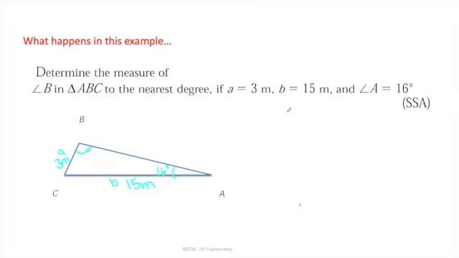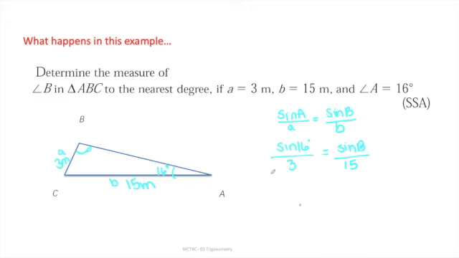You're going to use sine A all over A is equal to sine B all over B, only because we don't have any information for C. So for sine A, you're going to go 16 degrees all over that 3 meters. Then we don't know what angle B is yet, and then side B is 15.